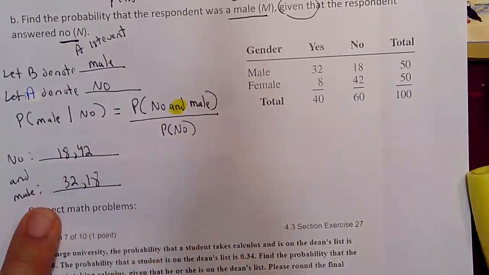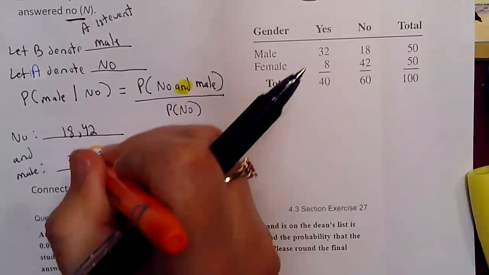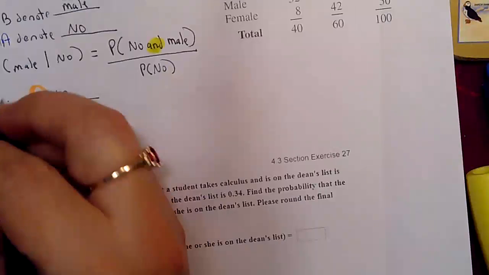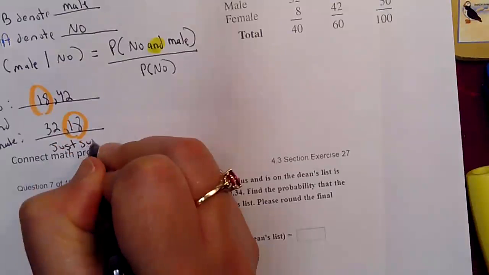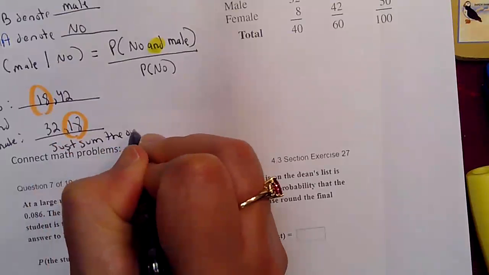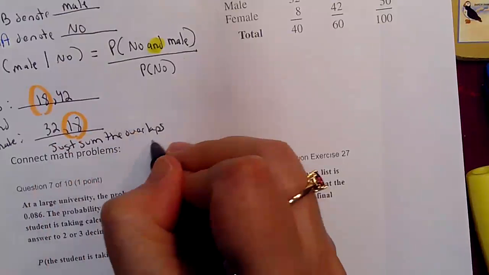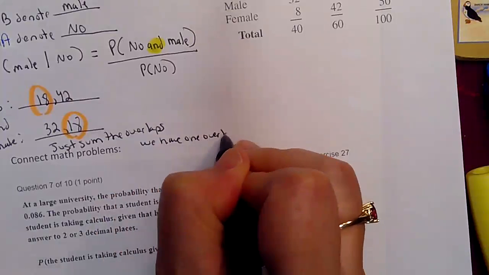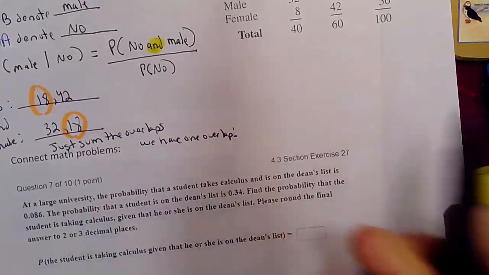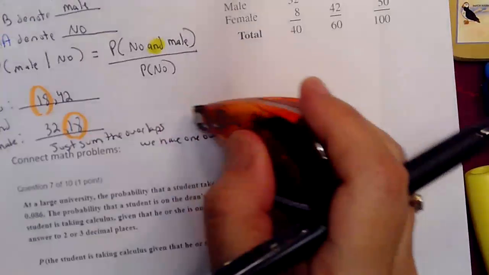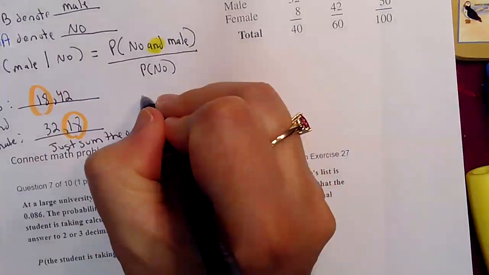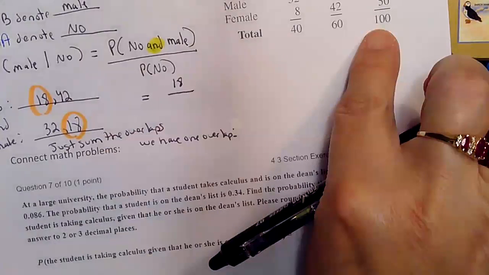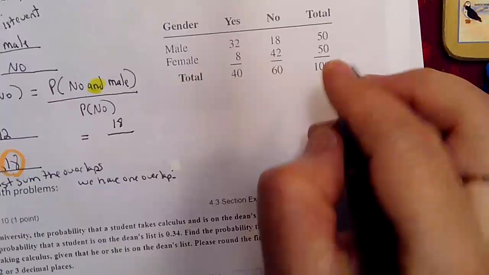Then you see this overlap right here? Remember what happens with the and: we're supposed to sum the overlaps. We have one overlap, which is just the 18s. So this is equal to 18 over 100, because this is our denominator.